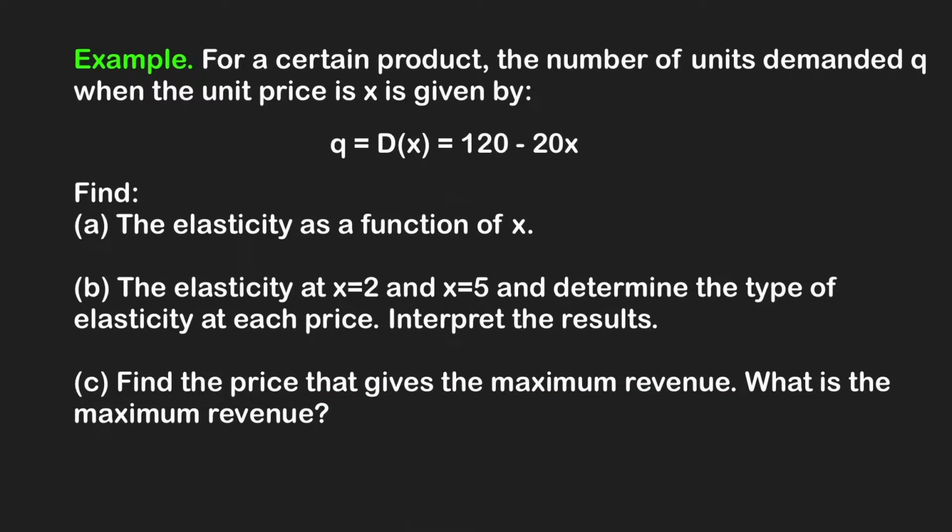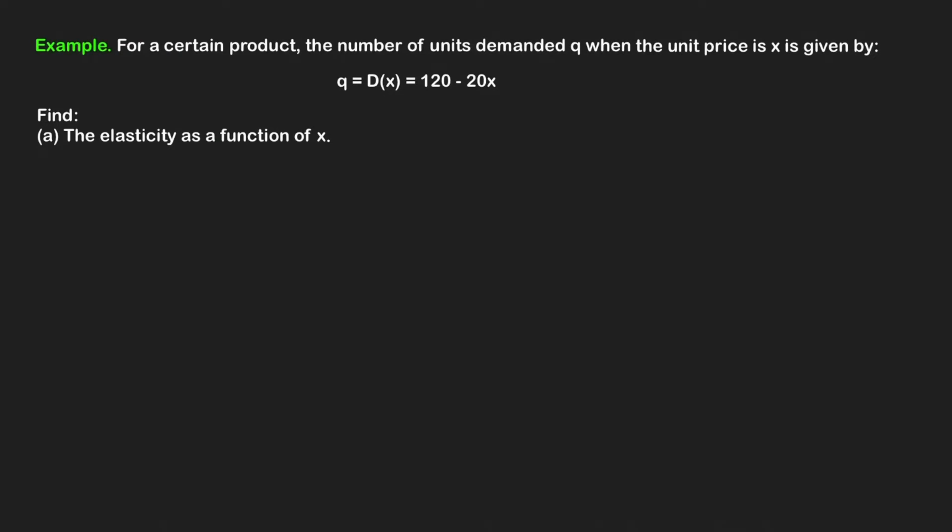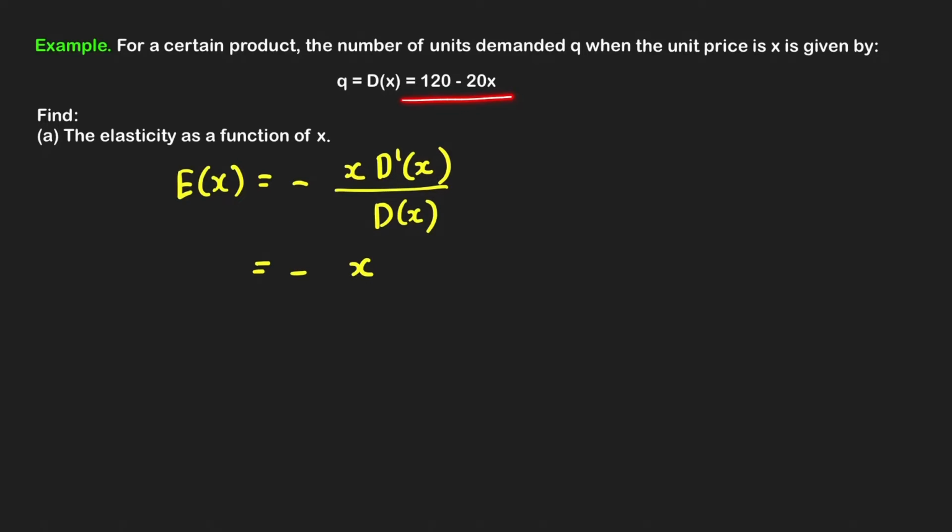Let's solve this problem. Our elasticity function E of X is given by negative of X times D prime of X all over D of X. So this is equal to negative of X times D prime of X, and from this equation the derivative is just negative 20. So this is negative 20 over D of X, that is 120 minus 20X.